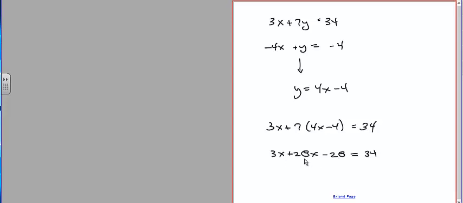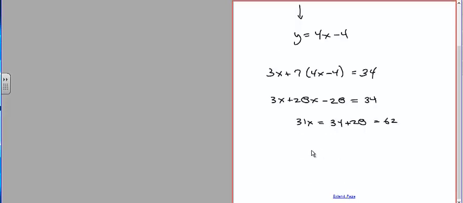And 28 plus 3 is 31. So we get 31x. And then I'm going to move this to the other side, so you get 34 plus 28. So this comes to the other side, becomes positive. And that's equal to 62. And then you divide both sides by 31. And you get x is 2.